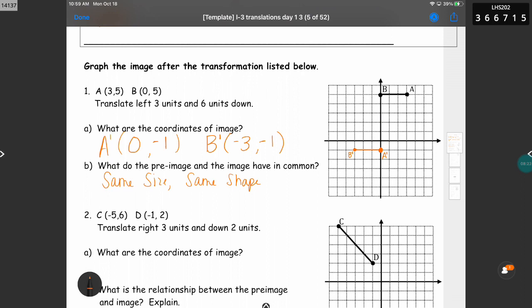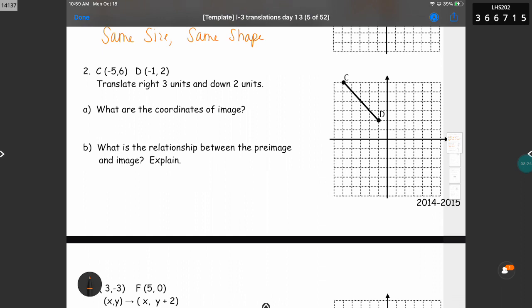C is negative 5, 6, D is negative 1, 2. It says translate right 3 units and down 2 units. Okay, so here, I'm going to start at C and I'm going to go right 1, 2, 3, and then down 1, 2. I'm going to put that point and make sure I label it C prime.